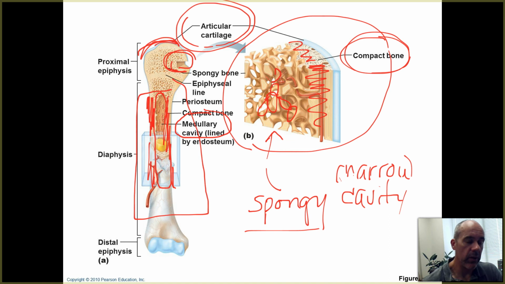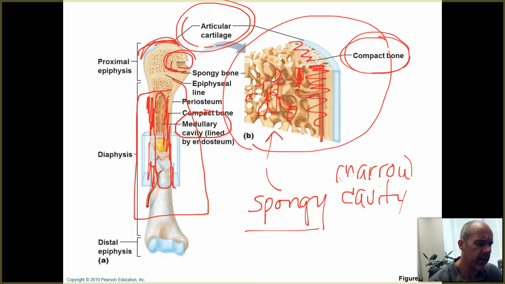And again, that's the location of your bone marrow. Once you're an adult, the medullary cavities of most of these long bones in the body will be filled with the yellow type that consists of fattier tissues. But sometimes up in your spongy bone, you will have red marrow occupying those particular spaces.